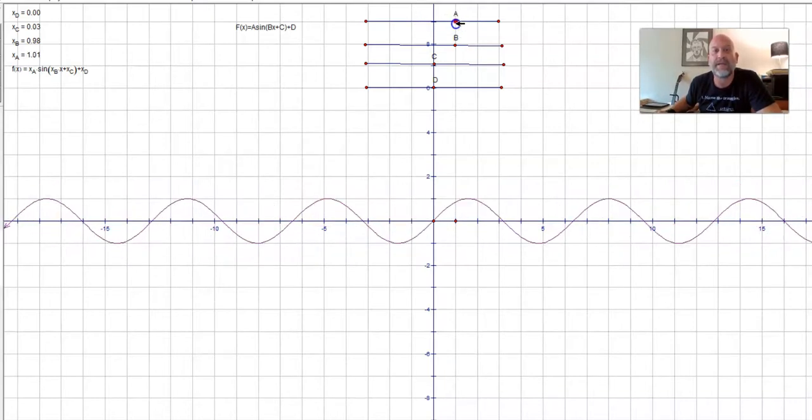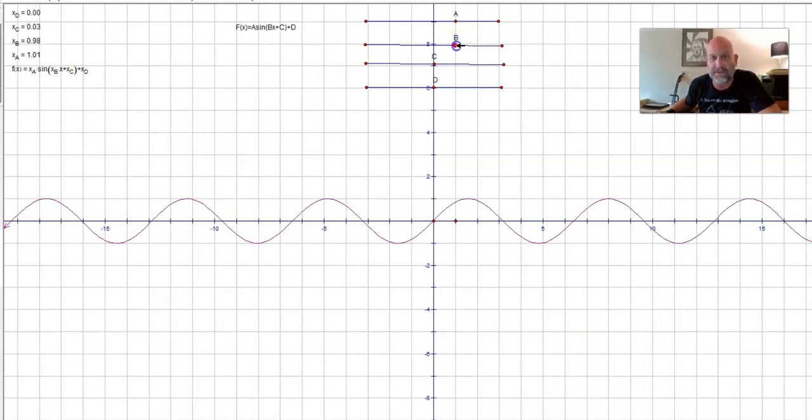Now, changing b changes your period. And we'll talk about how to get these things out with a direct numerical computation in a minute, but I'm just giving you a feel for what these things look like. So b changes the period. Now, counterintuitively, if you make b bigger, the period gets smaller.